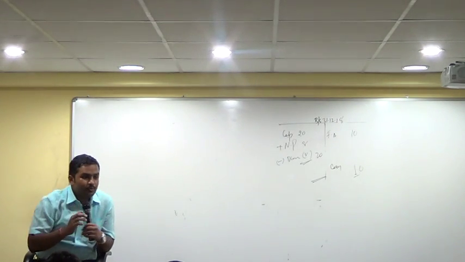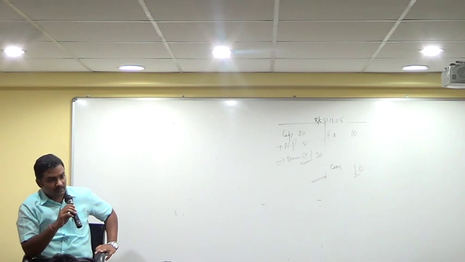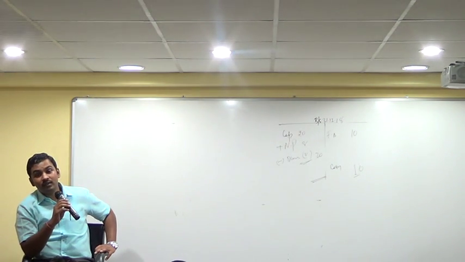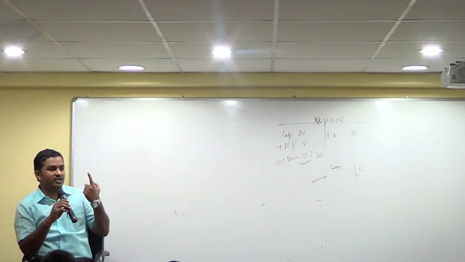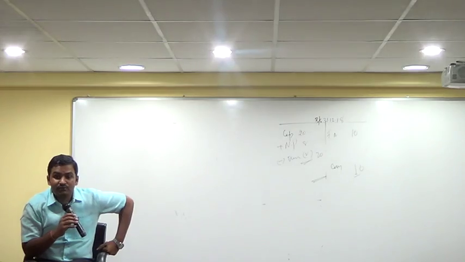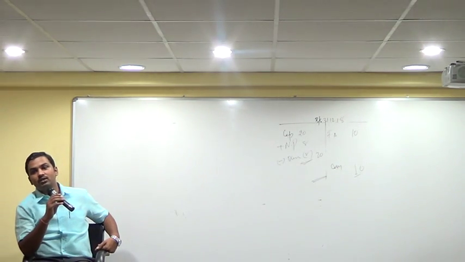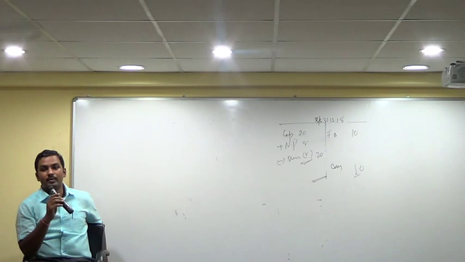So what are the entries we are going to pass? Depreciation account debtor to provision for depreciation account, and then P&L account debtor to depreciation account. Instead of passing two entries, can you pass one entry directly? P&L account debtor to provision for depreciation account.